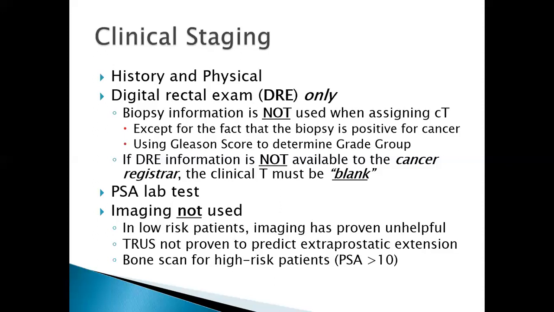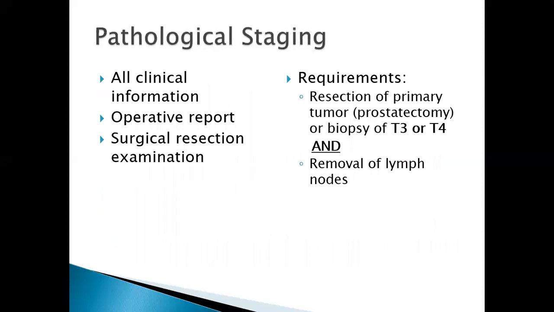Remember from our cancer disease management course, the DRE is the most accurate way to determine the clinical stage of the primary tumor for the prostate. So that DRE is very, very important information when assigning the clinical T. To assign the pathological stage, you use all the clinical information that you have, plus the operative report information provided by the surgeon and the surgical resection examination provided by the pathologist, the pathology report.